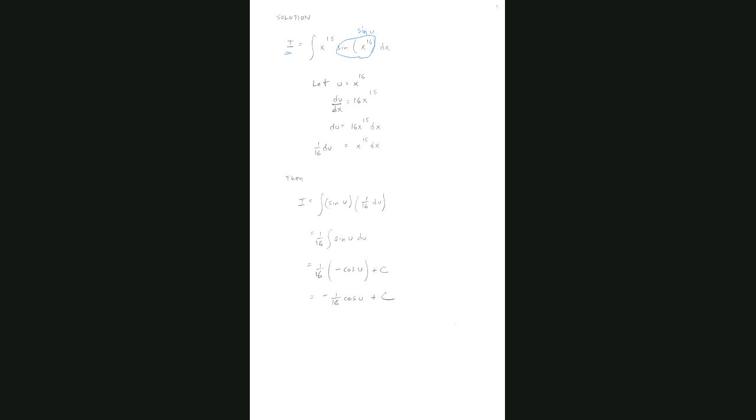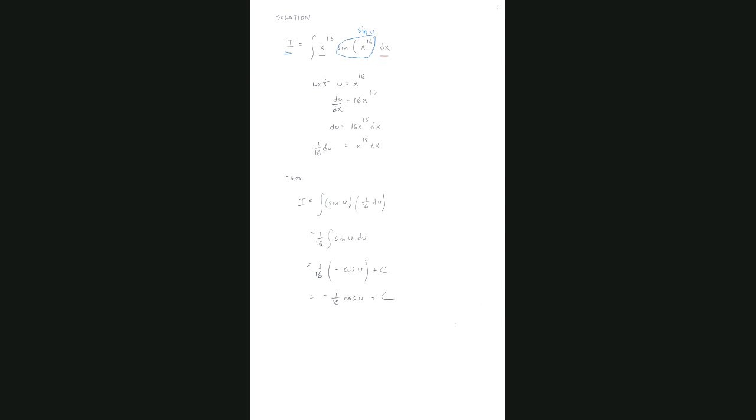So that's fine. We'll let u equal x to the 16th power. But now what we have to worry about is the x to the 15th and dx. That has to get replaced also.